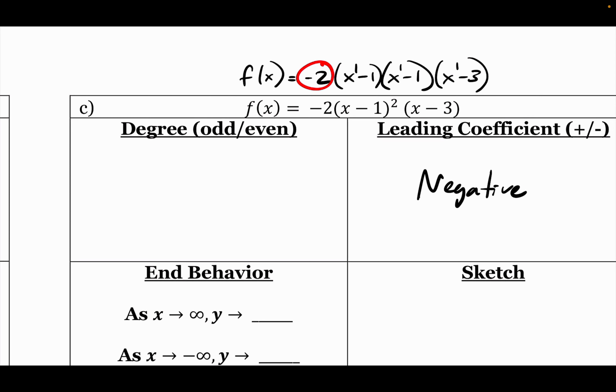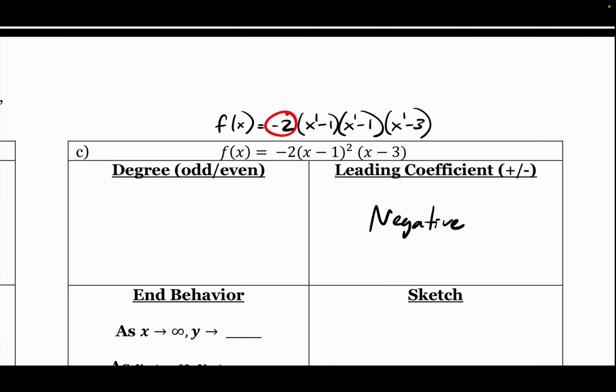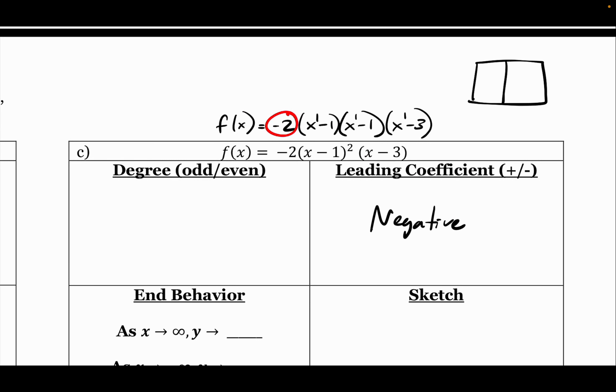What do we do with the powers? Add them, right? If we do like a multiplication box like we've done in the past, and I got x minus 1, x minus, like that, right? We add the powers, right? We've done that before. So if I was to do that for all of them, I would get x to the 3rd power. That's the degree there.